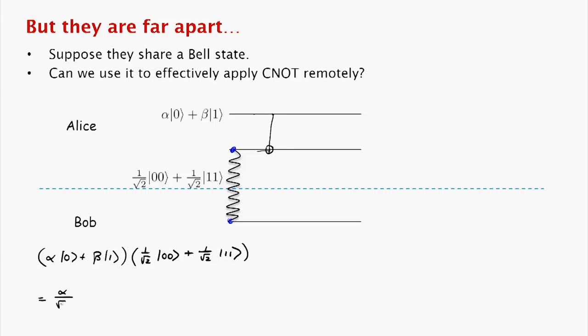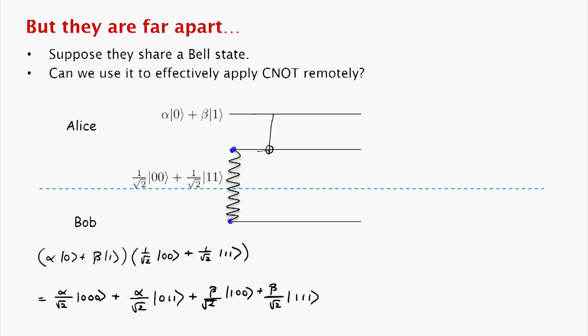Alpha over square root 2 000 plus alpha over square root 2 011 plus beta over square root 2 100 plus beta over square root 2 111.